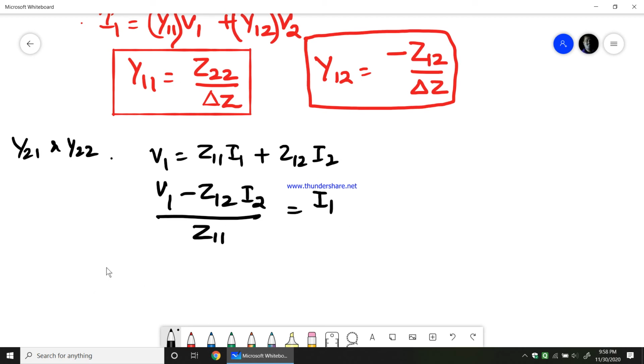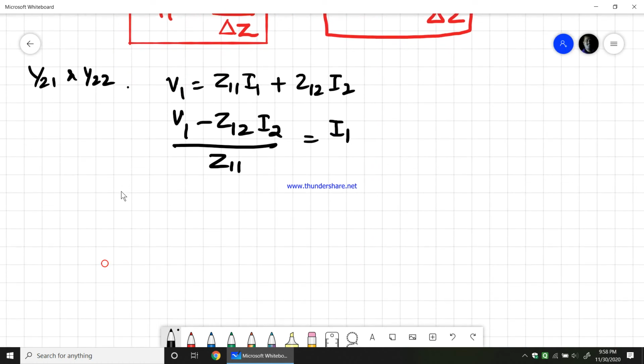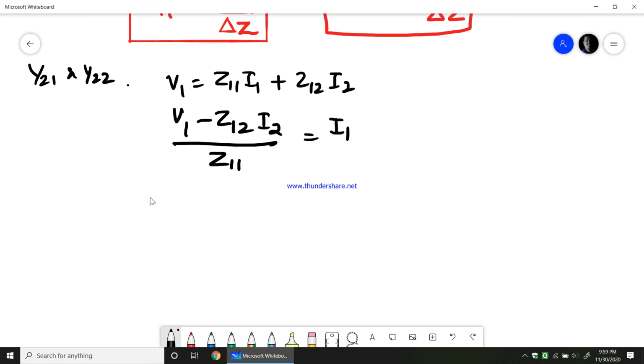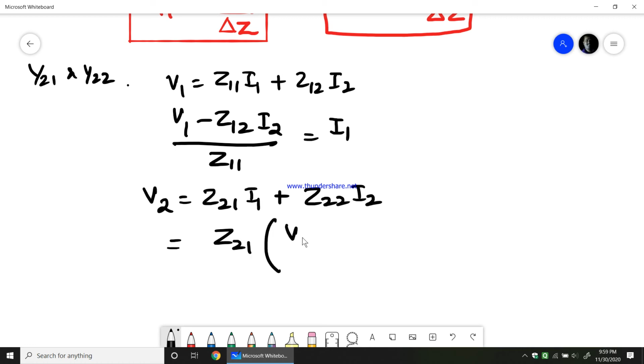Now this I1 I will substitute in the second equation. The second equation is V2 equals Z21 I1 plus Z22 I2. So I will substitute for I1, which will be Z21 multiplied by (V1 minus Z12 I2) by Z11, plus Z22 I2.